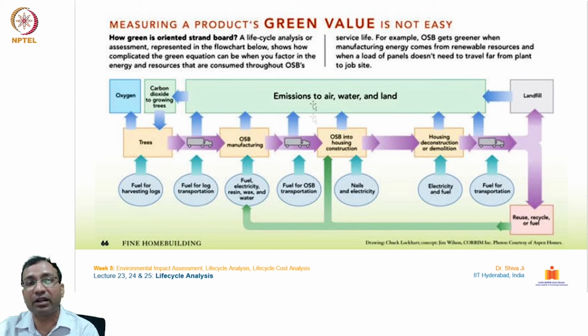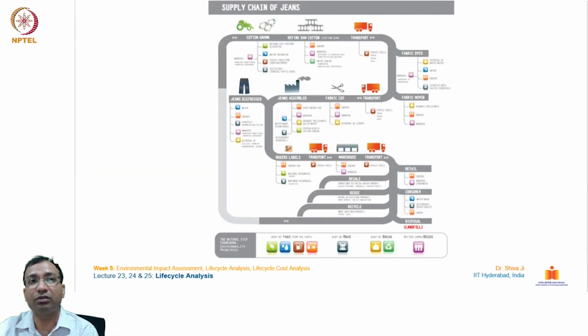Overall, increasing the green value of the product is the objective. You can analyze it by breaking it into several life stages, parts and components, and then in an overall sense, you will be able to draw some inferences.